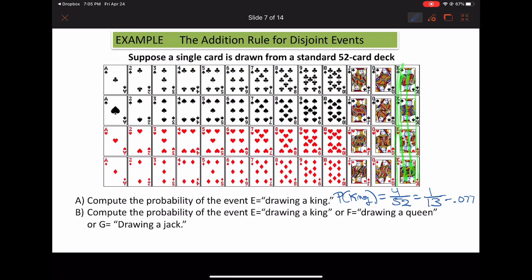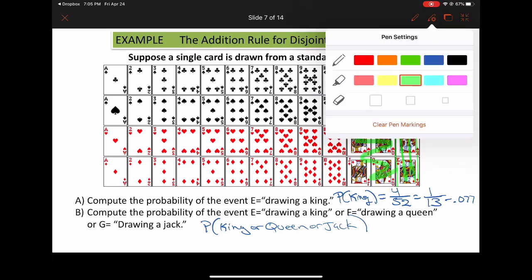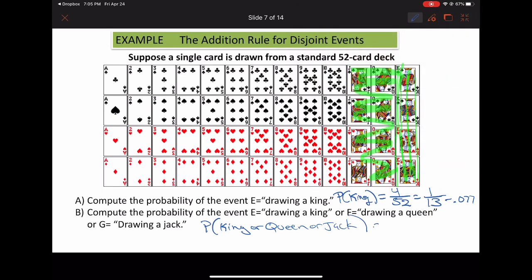Now we're going to do the probability of king or queen or jack. So we'll go back up here. There are 4 of each of them. There are still 52 cards. So I'm going to say equals 4 out of 52 plus 4 out of 52 plus 4 out of 52.